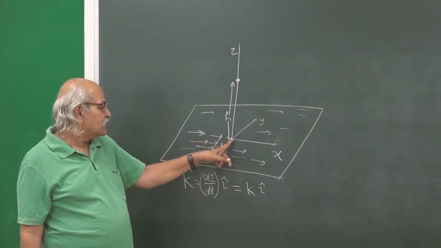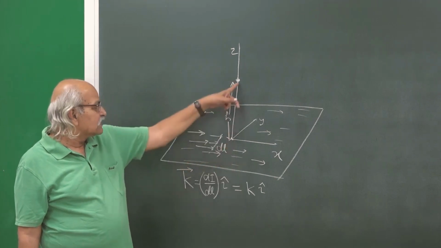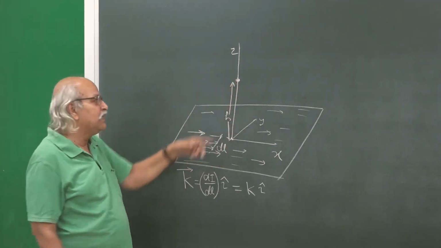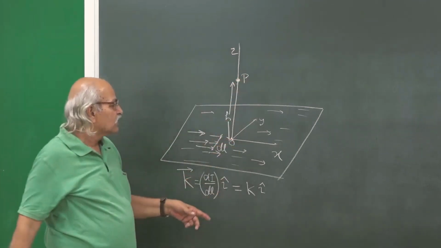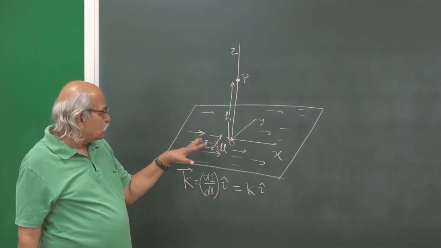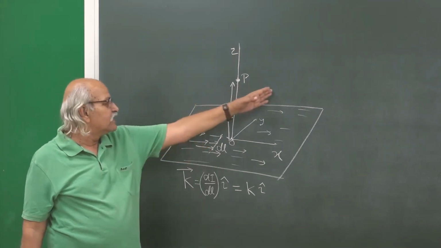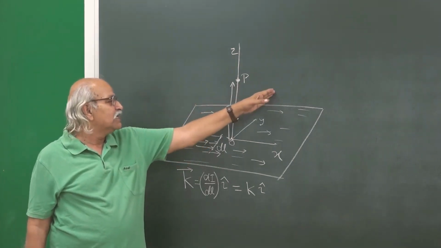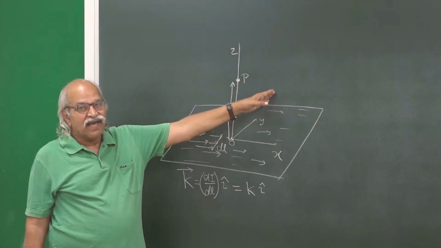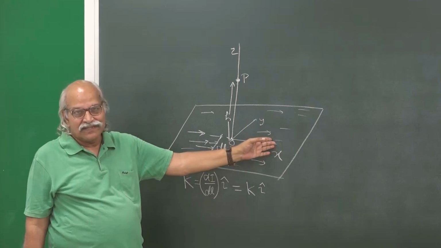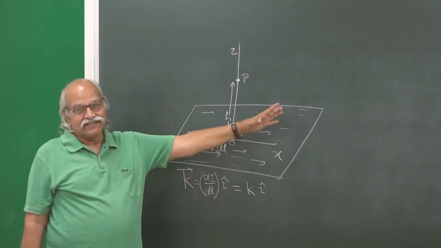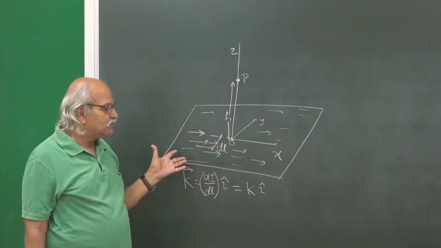So, I have taken the origin, and on the z axis I have taken this point P, where we need the magnetic field. There is no loss of generalization. Anywhere you have a point P and you are asked to get the magnetic field there, from there you can drop a perpendicular, take that point as origin, and x axis and y axis, and the same figure will be there.